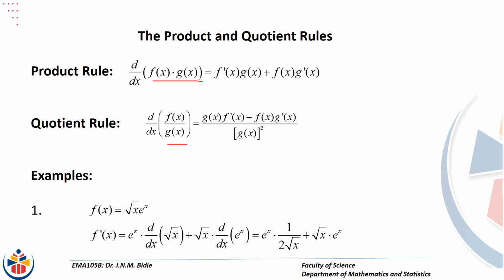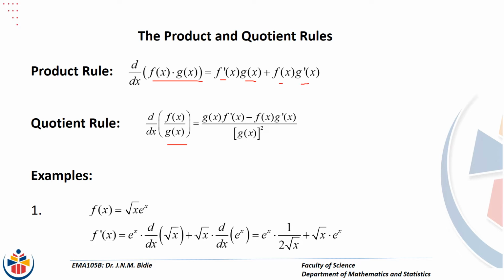Now let's note this. For the product rule, you differentiate one function while the other one goes down as it is, plus the first function times the derivative of the second.